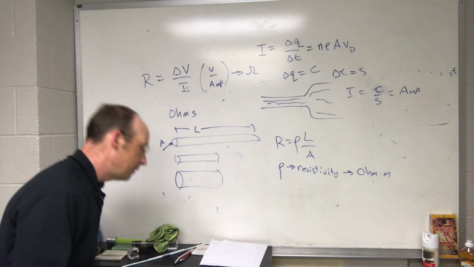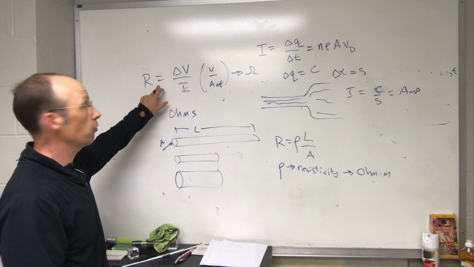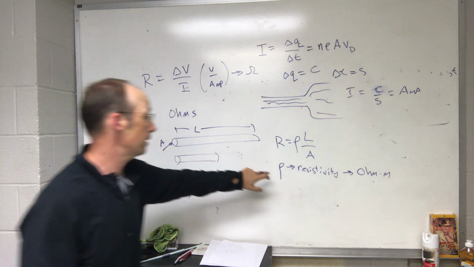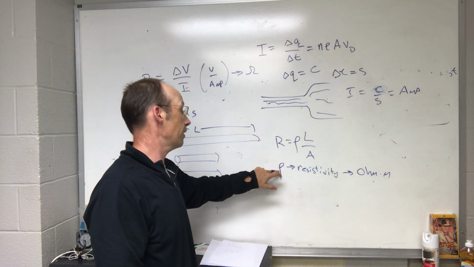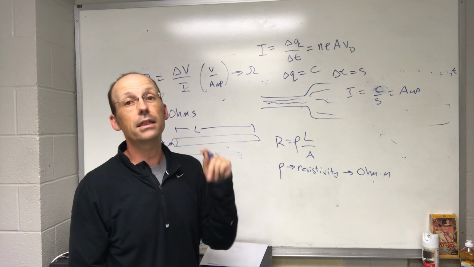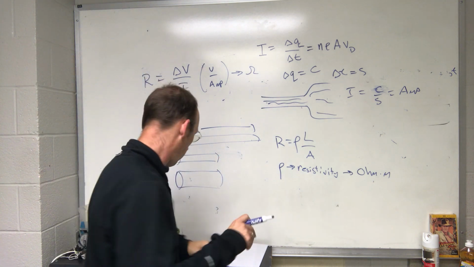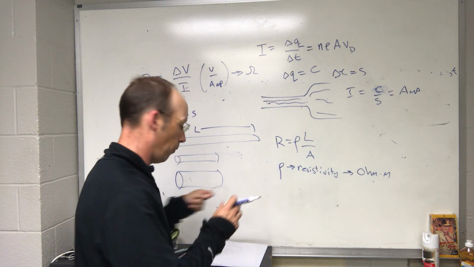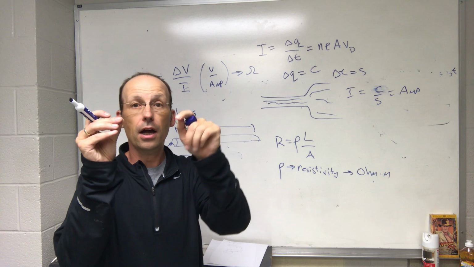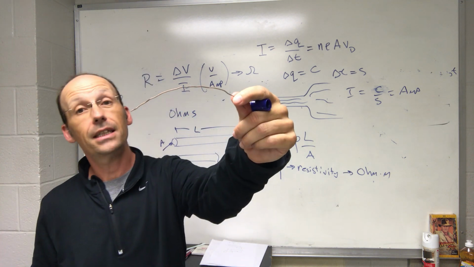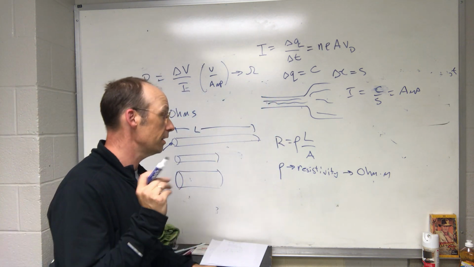I told you that this was mostly true, but it's not, because this is not constant. It turns out that the resistivity does indeed change. If I increase the temperature of this copper wire, then the resistivity also increases. So it's not quite constant.